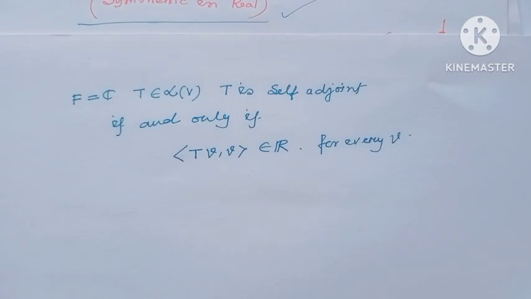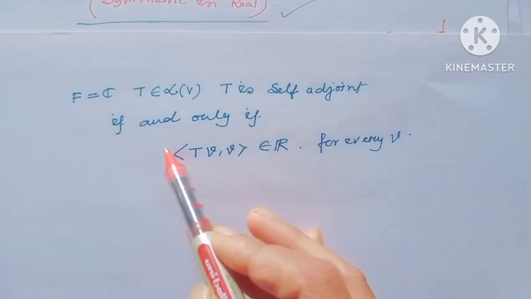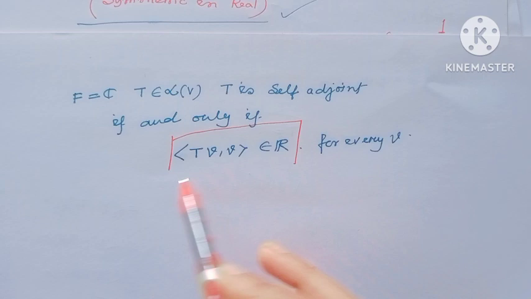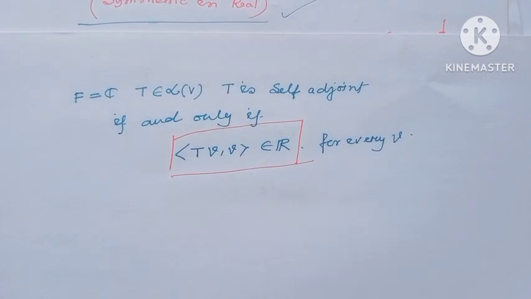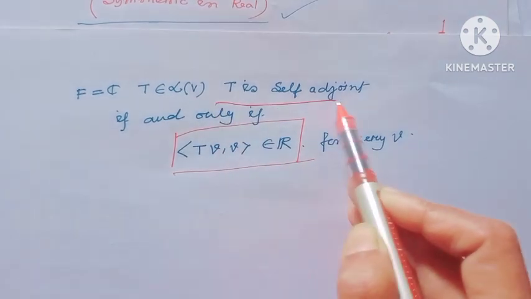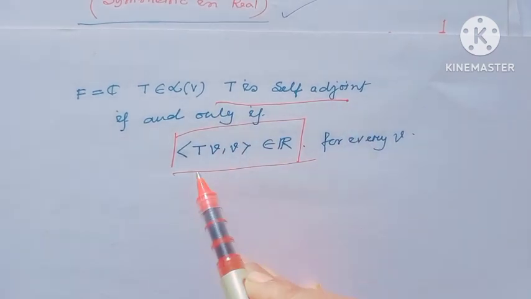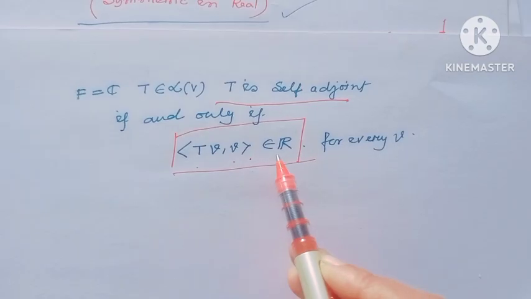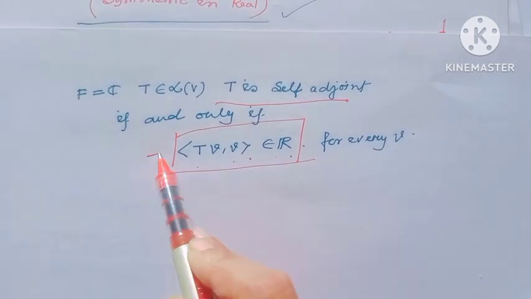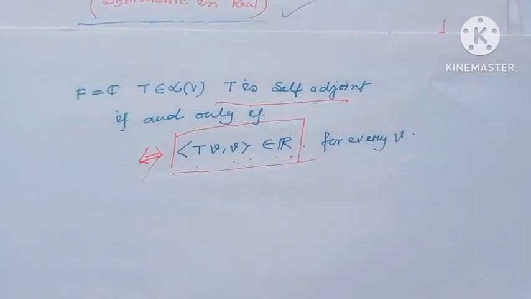When the field is complex, and T is a linear operator mapping from a vector space to a vector space, then T is self-adjoint if and only if the inner product of Tv with v belongs to the real field for all v. That means when the operator T is self-adjoint, then the inner product of Tv with v always belongs to the real field, and this is actually an if and only if condition.